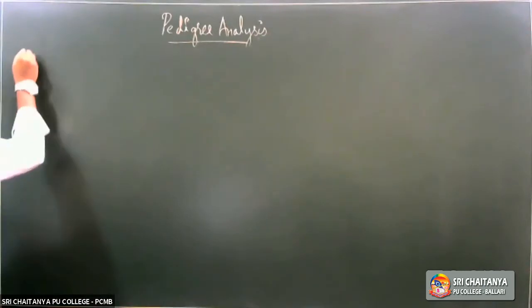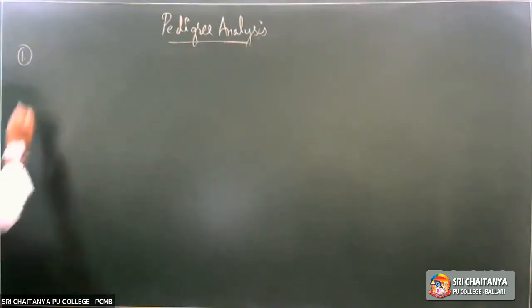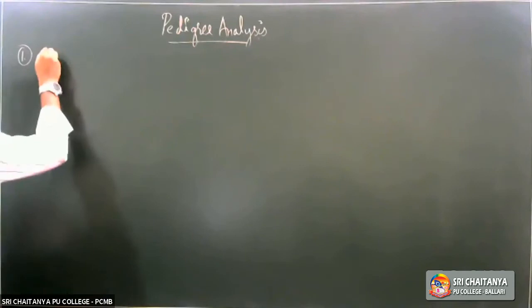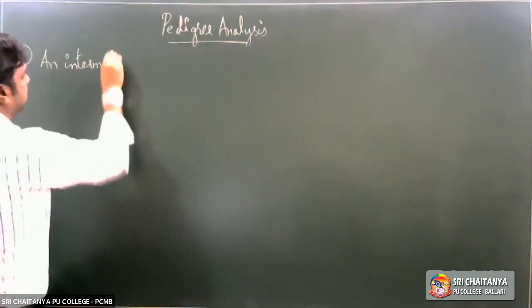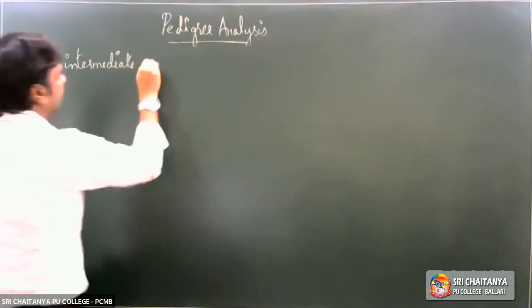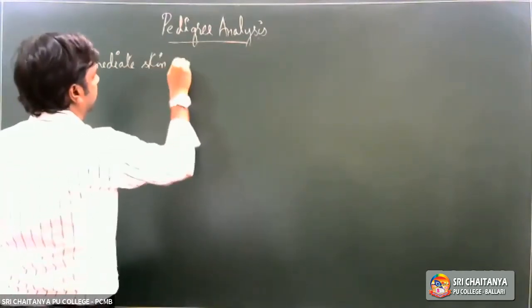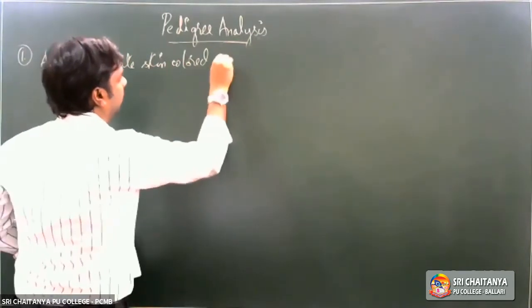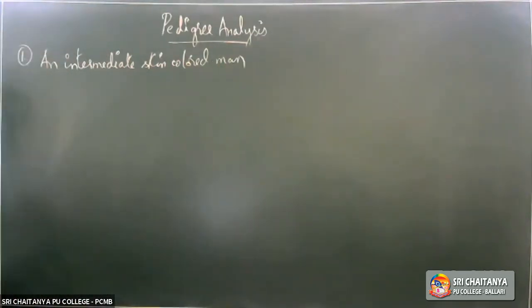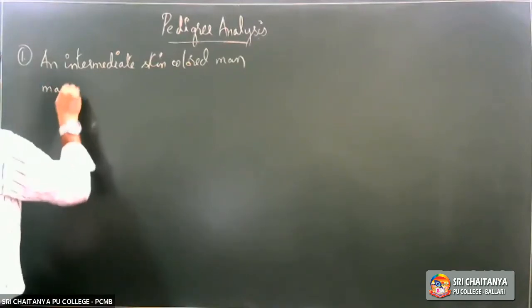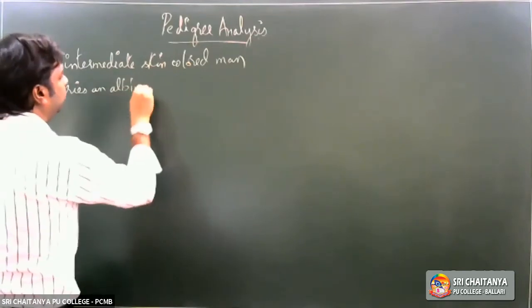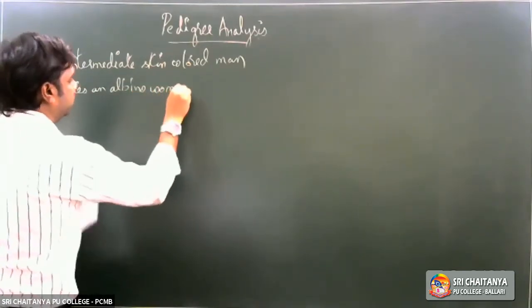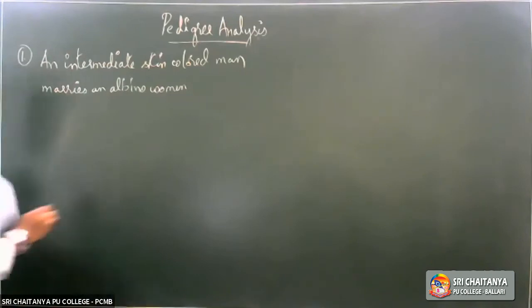The first question we'll be taking up: an intermediate skin colored man marries an albino woman. They have three children.